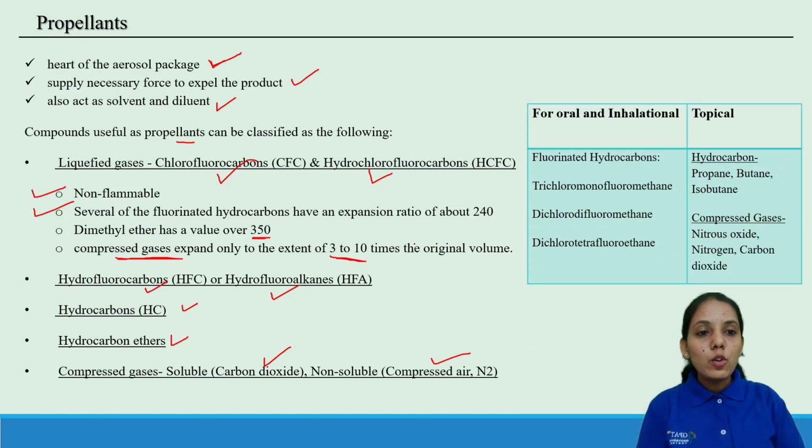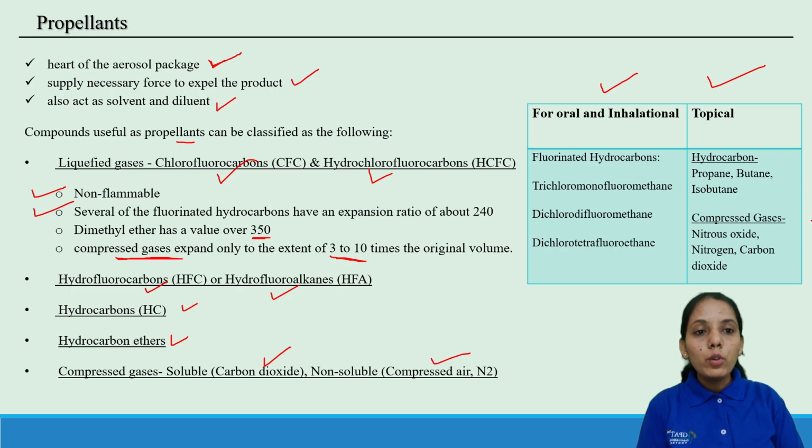Now this is also very important, which propellants are for oral and inhalation and which are for the topical one. Since we have seen the aerosols, they can be taken as a topical one, oral, or through face mask. So there have to be different categories for topical and oral and inhalation.